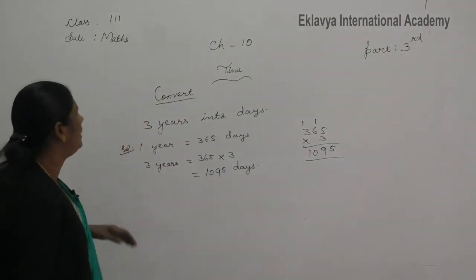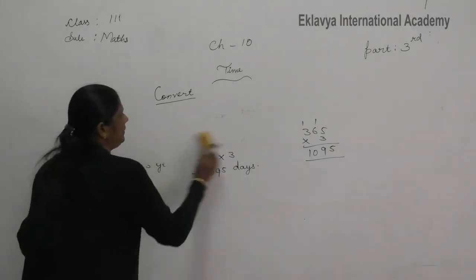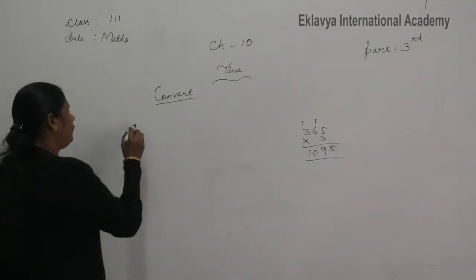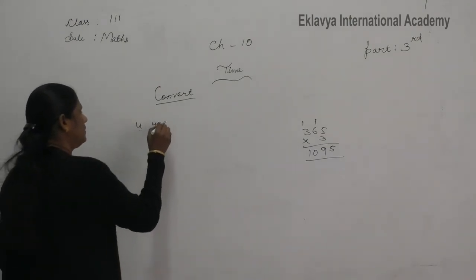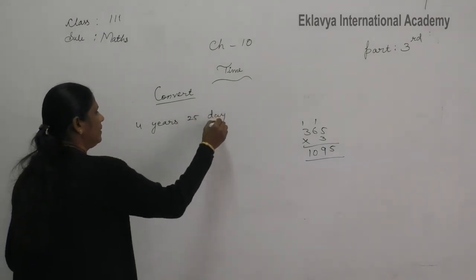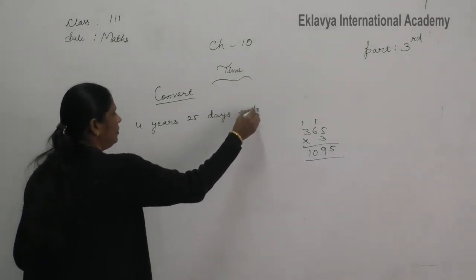Now, next question. 4 years, 25 days into days.